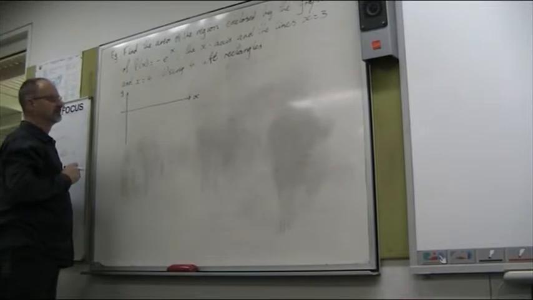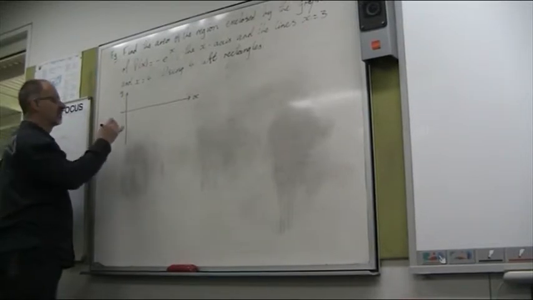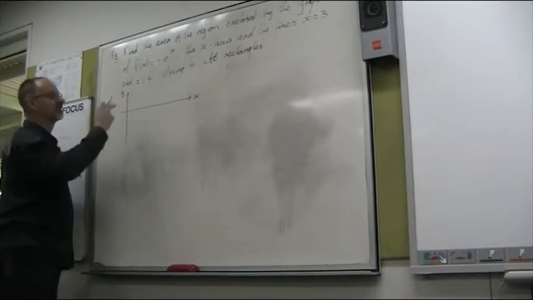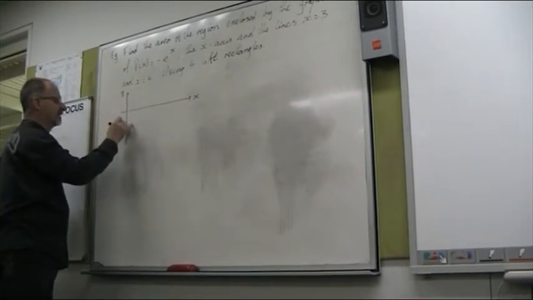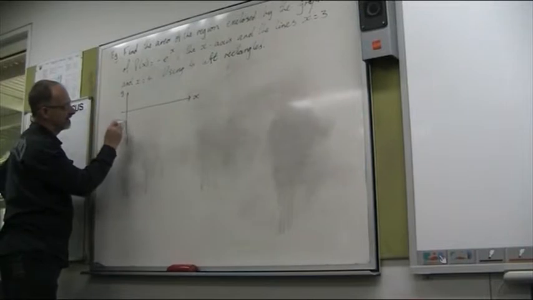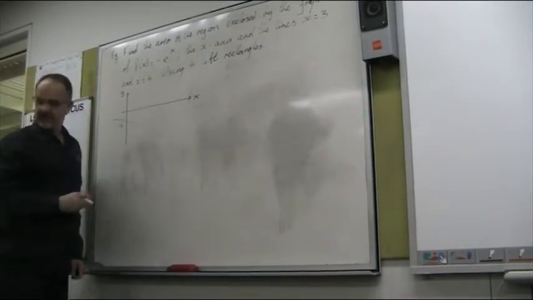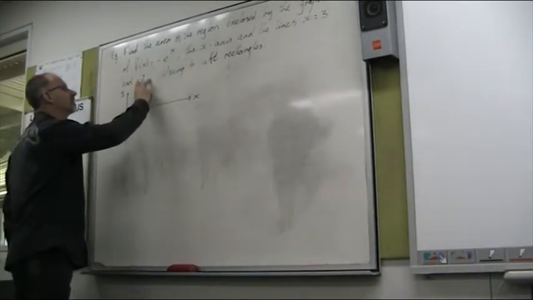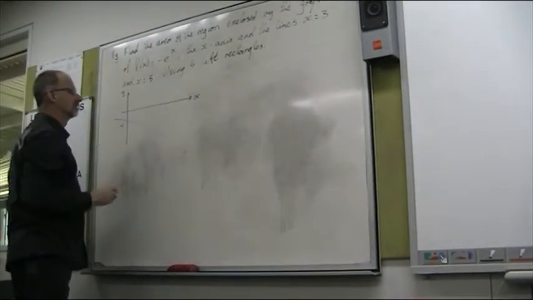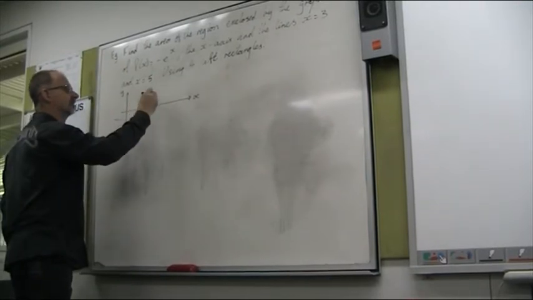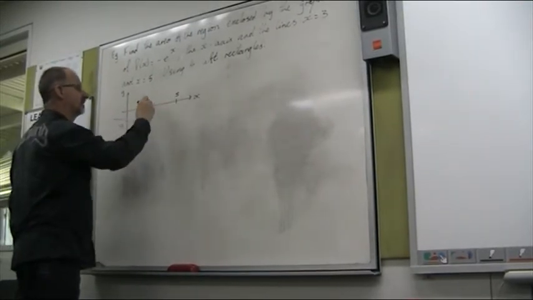Kind of like the ones I used before, except negative. Negative 1 down there, and so it goes like that. X equals 3 and x equals 5 it should be, not 4, sorry. So 3 is here, 5 is here.